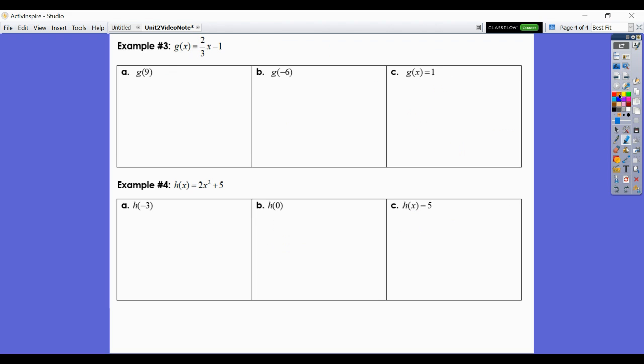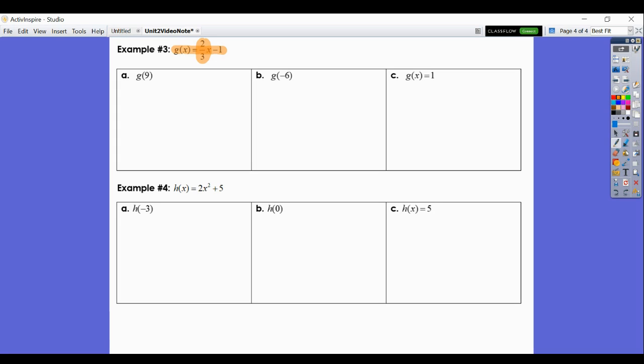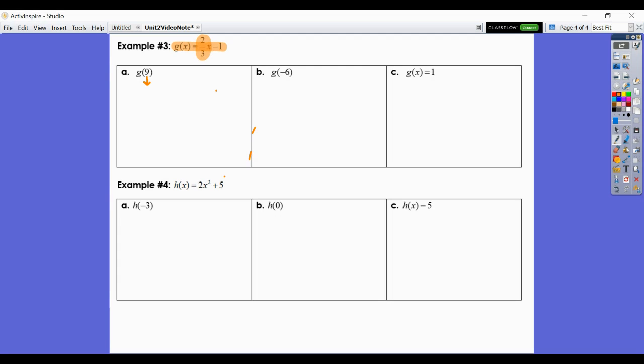For example 3, let's highlight in orange our new function. We have g of x equals 2/3 x minus 1. Right away for my first example A, I have g of 9. That means my input, my x value, is 9. That time I have in my function x, both in the parentheses and next to the 2/3.